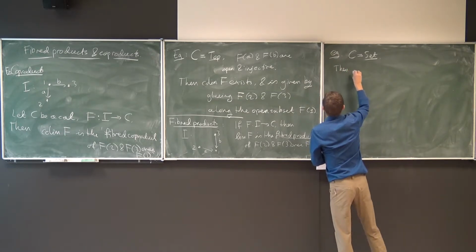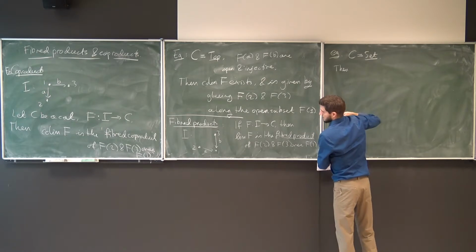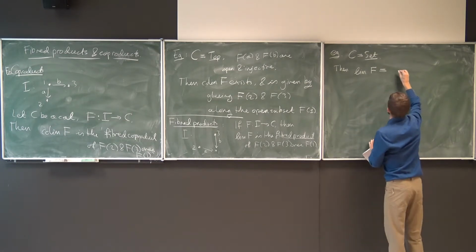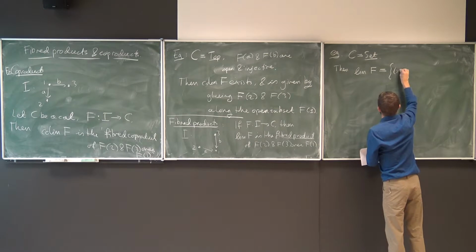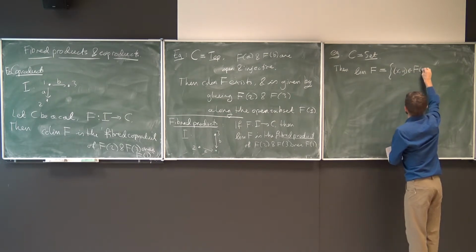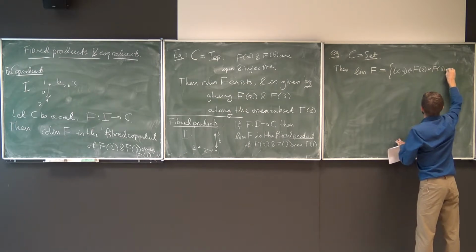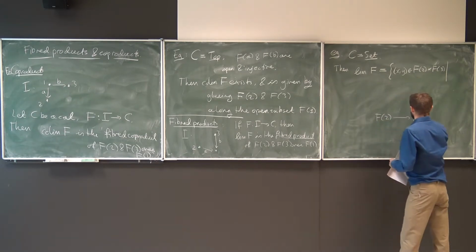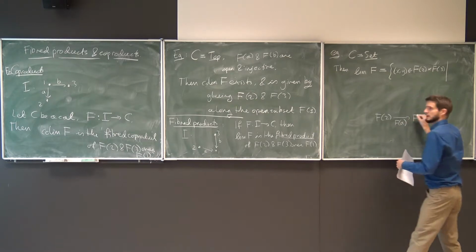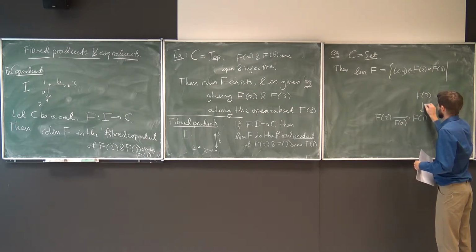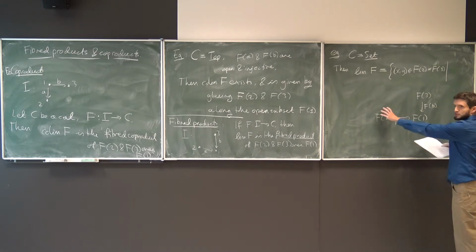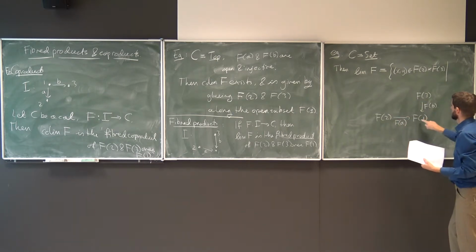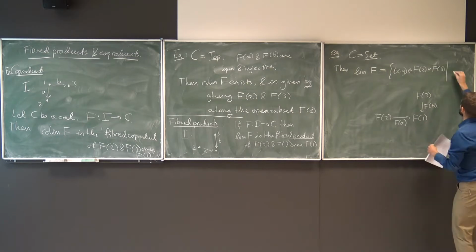The limit of a diagram F, this fiber product, is given by the following: you take the set of pairs (x, y) in the product F of 2 times F of 3, such that, let's draw out the diagram here, with F of A, F of 3, and F of B, F of A evaluated at x is equal to F of B evaluated at y as elements of F of 1.